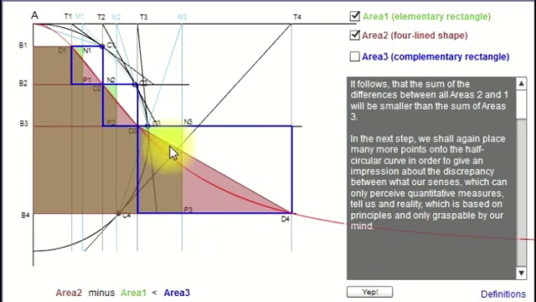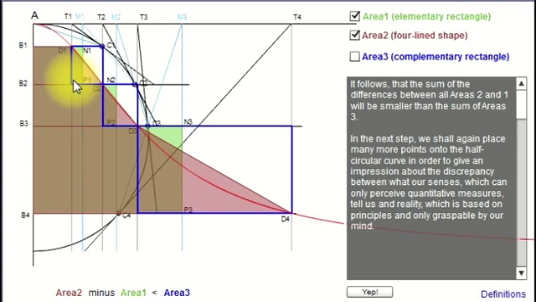So you place, like, 4 points on the curve. That gives you 3 ordinate pairs, all of which will create an elementary rectangle, a quadrilinear area, and a complementary rectangle.